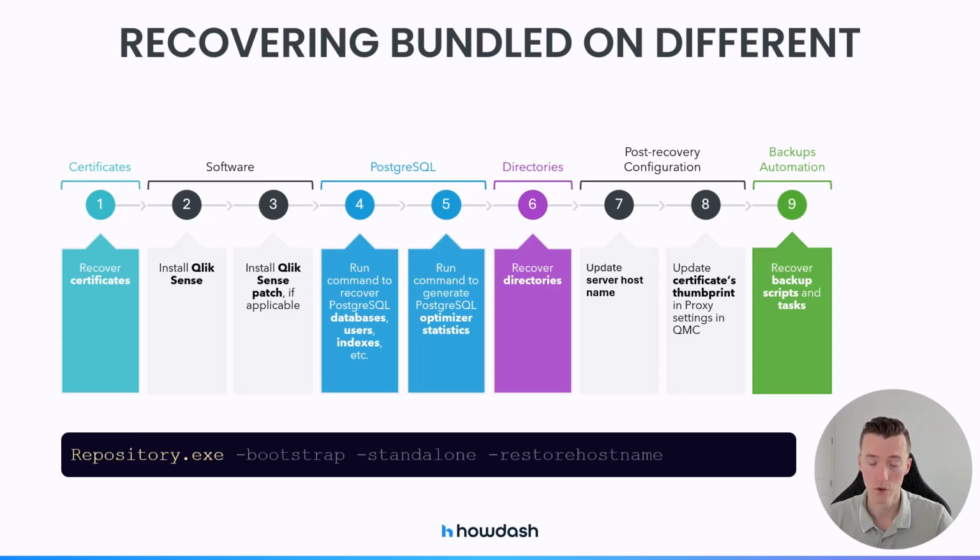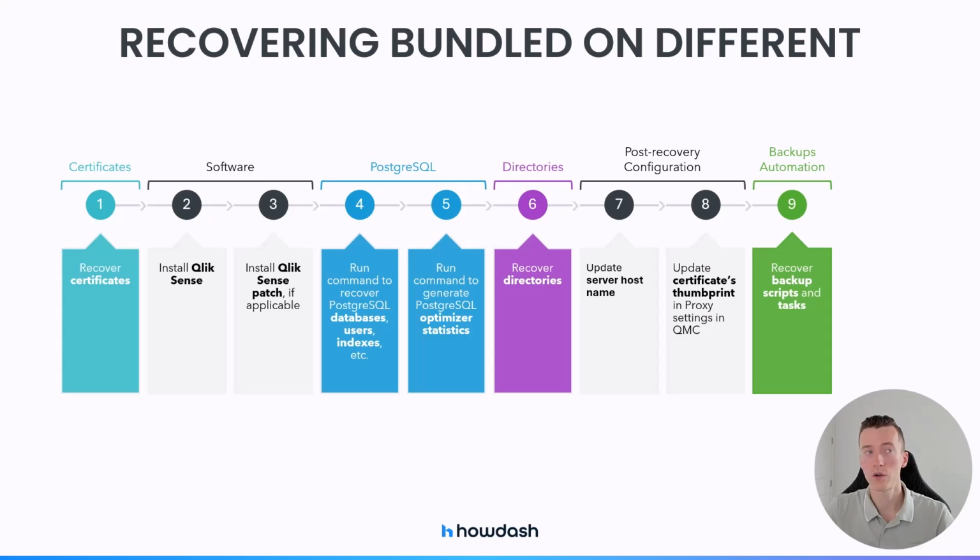Then once you run that command, you would also need to update the certificate thumbprint. Typically, this concerns the certificate that's being used to secure communications between client PCs and your Qlik Sense server.